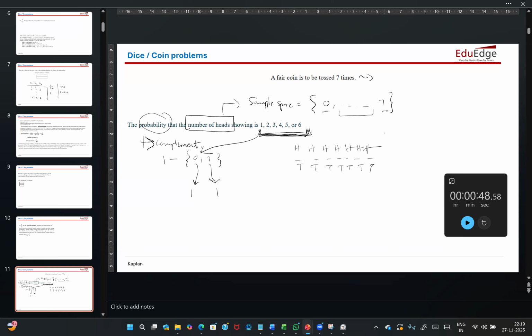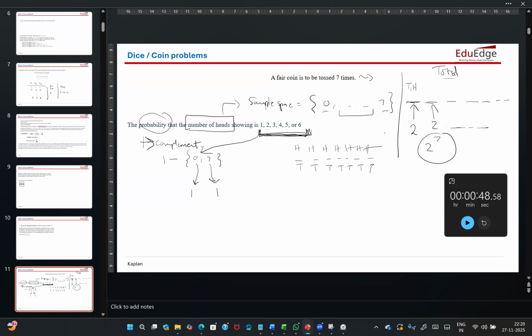Now, every coin toss will have two possibilities, either tail or head, and it's the same everywhere. So the total count of the sample space here is 2 raised to 7. Yes or no?